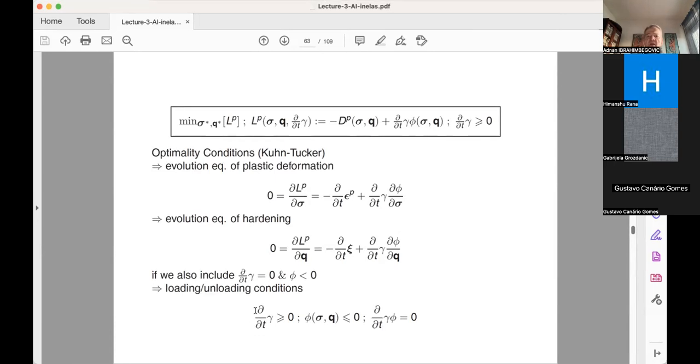You'll see in different criteria what kind of shape this will take. And then also the evolution of the hardening variable, psi dot, will be equal to gamma dot times d phi dq. Of course, this has to be subject to the loading and unloading condition, which is the third equation you get from this optimality condition by taking the derivative with respect to the plastic multiplier. So you get back your phi, which has to be equal to 0 for the plastic case or negative for the elastic case.